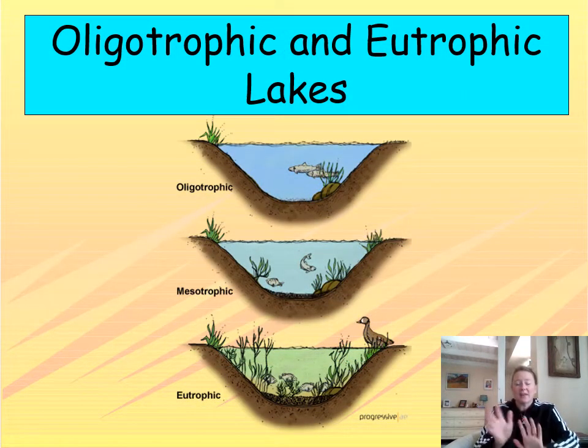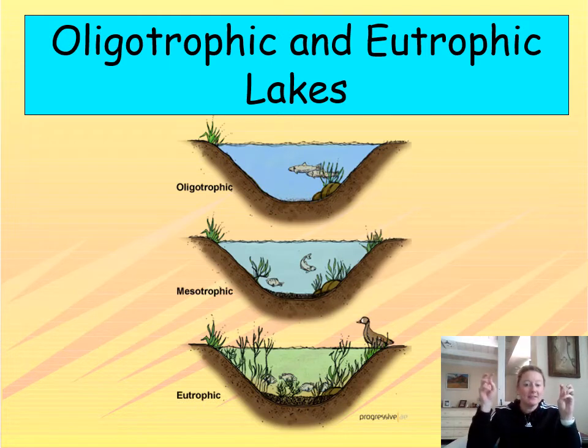There's also two different categories of lakes. You have oligotrophic lakes and eutrophic lakes. Oligotrophic lakes tend to be like what you think of with a pristine lake. You look at it, it's very clear, it has very little nutrients in it, tons of oxygen. And again, compare that with a eutrophic lake, which is down here. They tend to be like the greener lakes if you're looking at them.